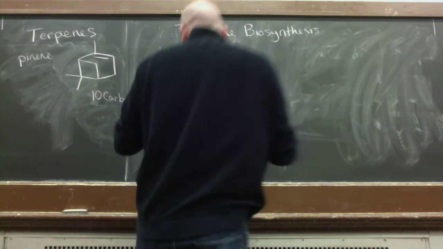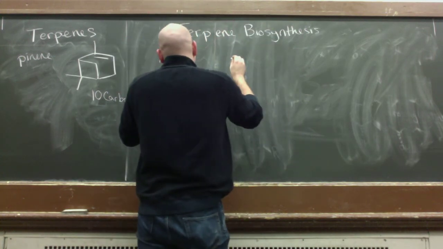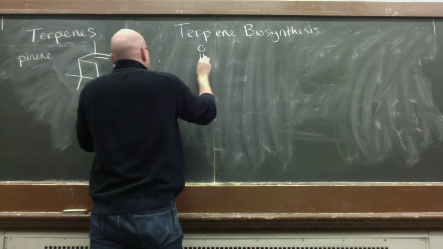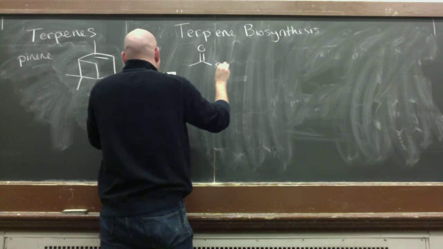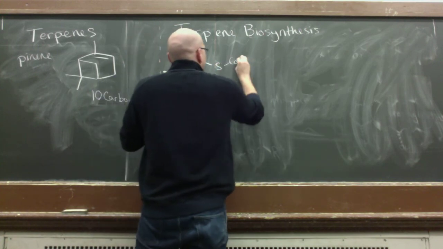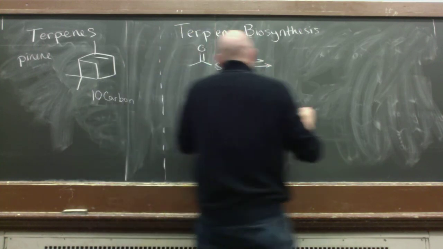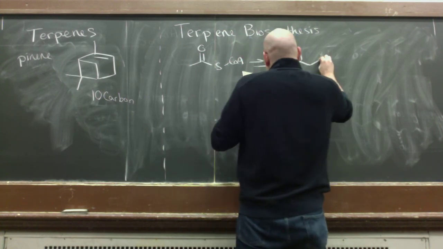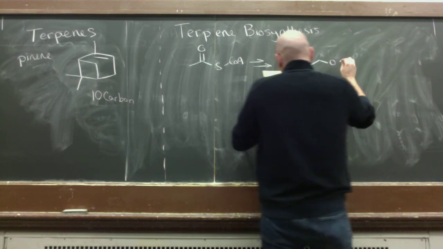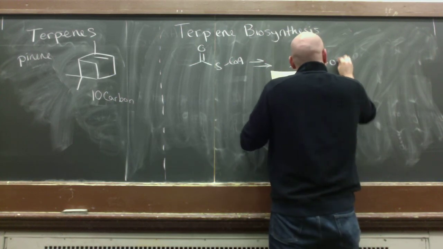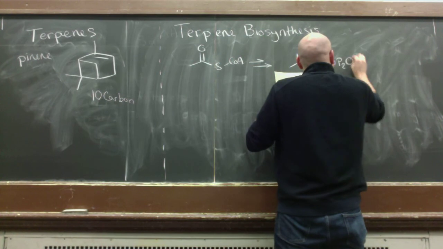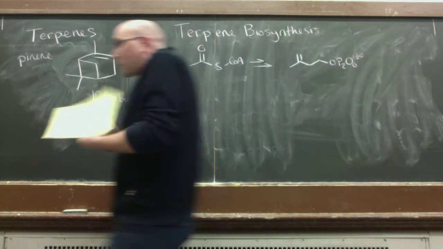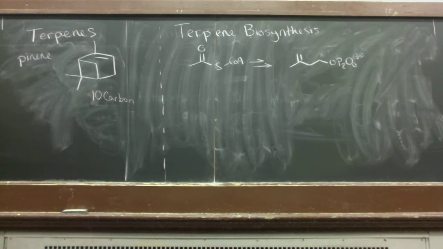So in terpene biosynthesis, effectively what happens is, again, this early part doesn't really matter, but they come from acyl groups, coenzyme A. This isn't really all that important, but what happens is you make this isopropanol, I think it's called a diphosphate.